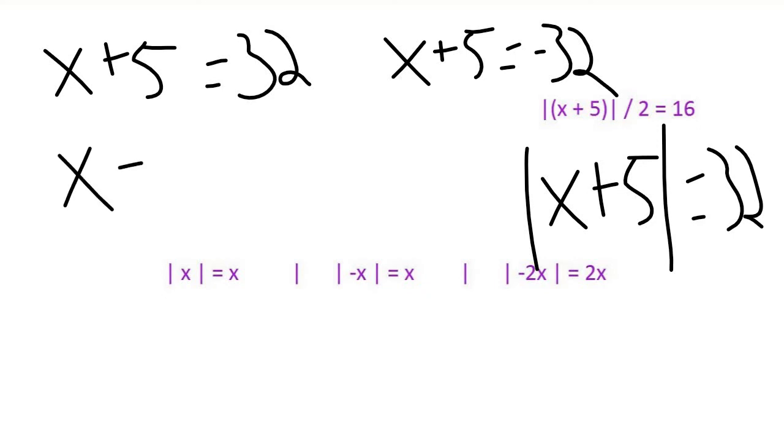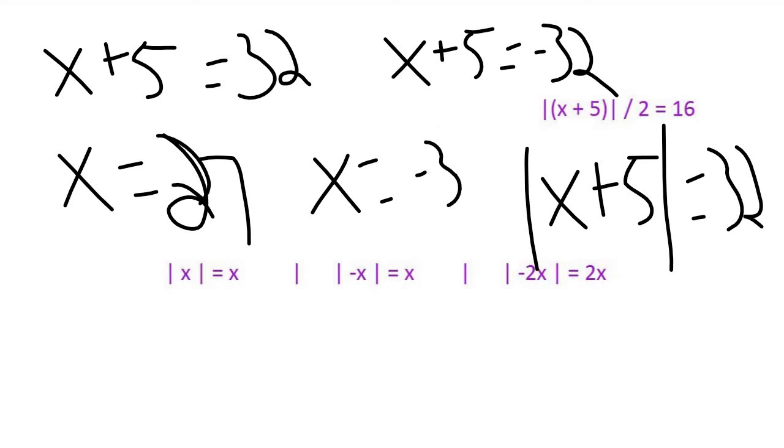So x is equal to 27. And then solving this other one, we have x is equal to -37. So the answer for this would be x is equal to -37 and 27.